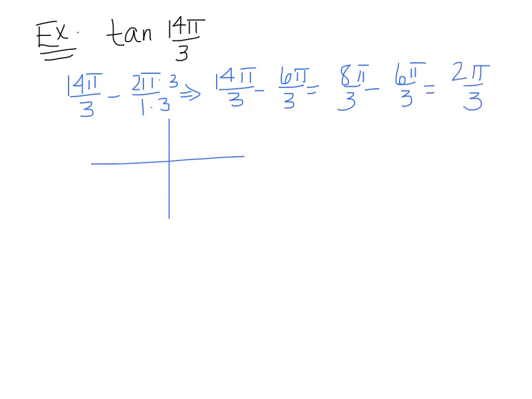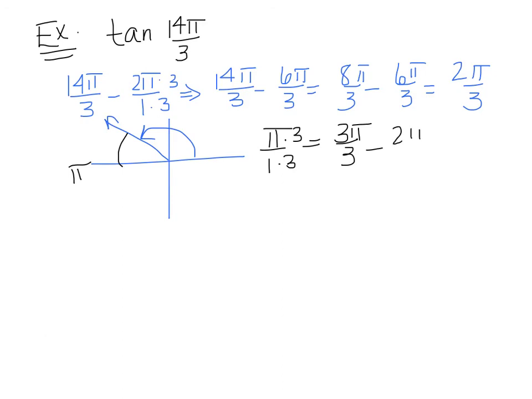Remember, 2 pi over 3 falls in quadrant 2. So we need this difference between this terminal side and the x-axis, which is pi. So that's 1 pi over 1, getting it in common denominator, that's 3 pi over 3. So you have 3 pi over 3 minus 2 pi over 3 gives us 1 pi over 3.